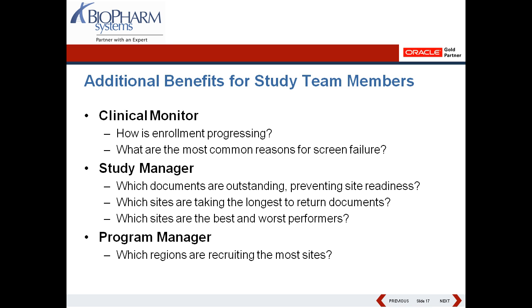And then for program managers, they can look at metrics, at studies across the organization, see things like which regions are recruiting most sites, and which ones are quick to achieving desired enrollment.